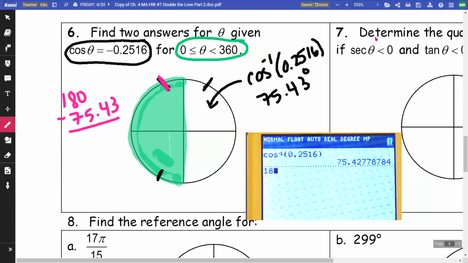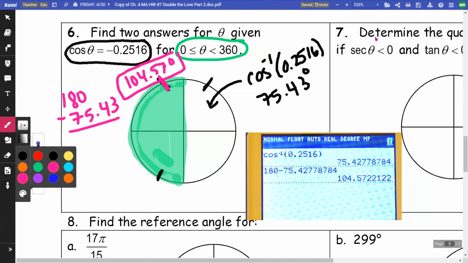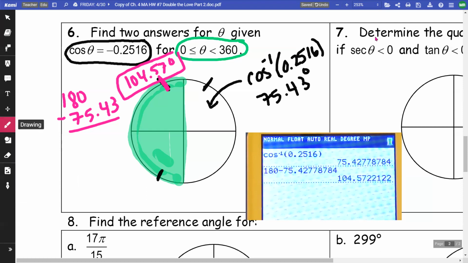So I'm going to take 180 minus, and I'm just going to steal this answer here, and I get 104.57 degrees. That's that angle. And I'll do this one down here in orange.